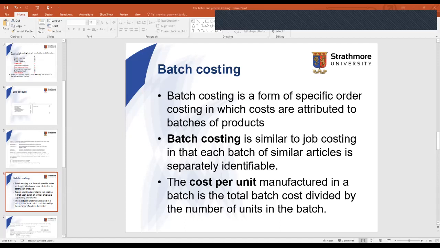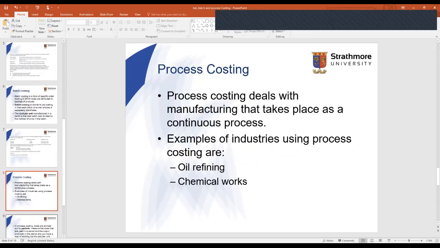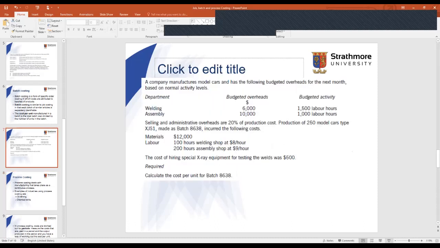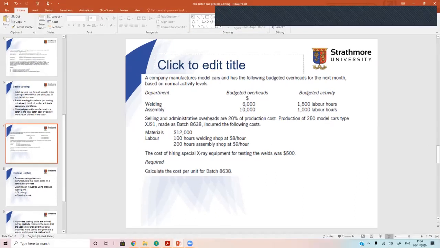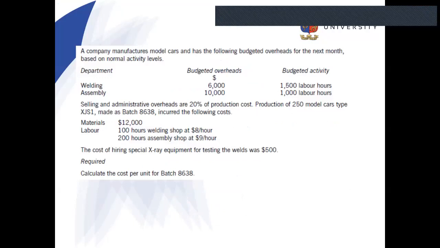Let's apply what you have just learned in an example. Go through this example, then we attempt to do it together. If anything, attempt it first.